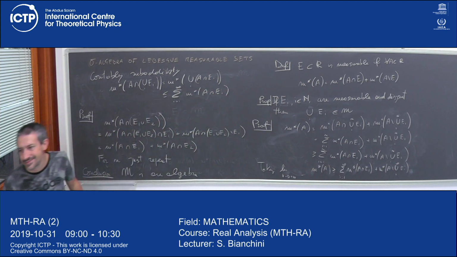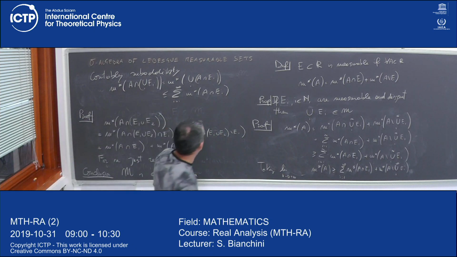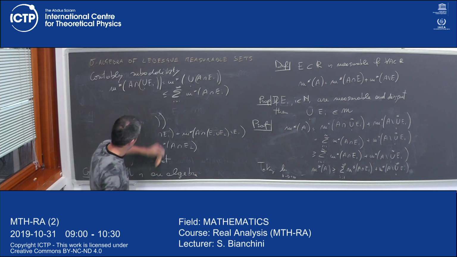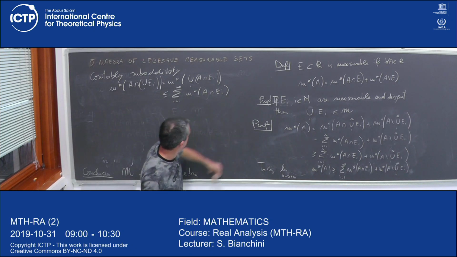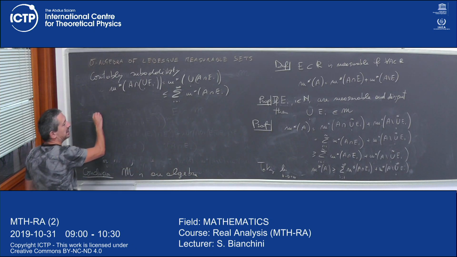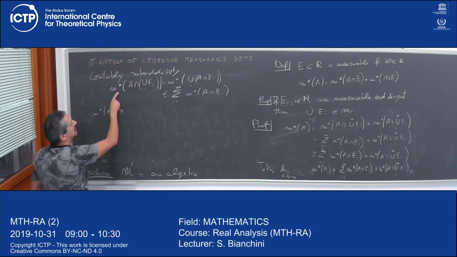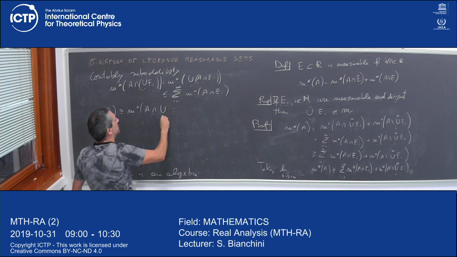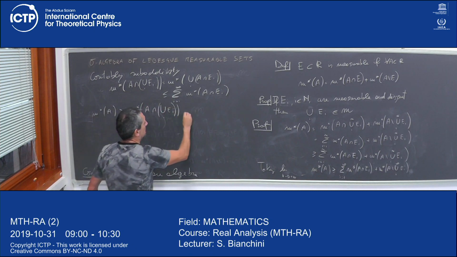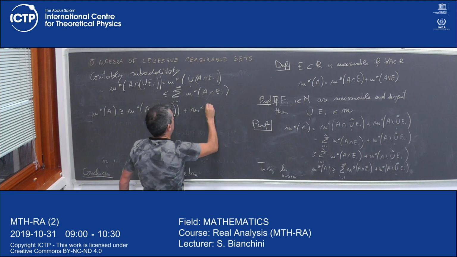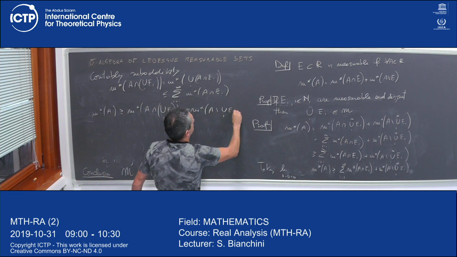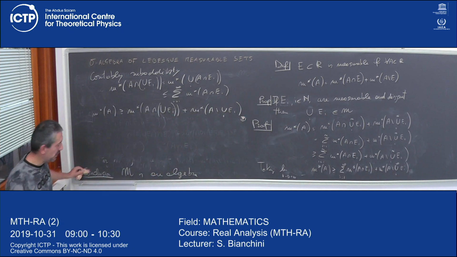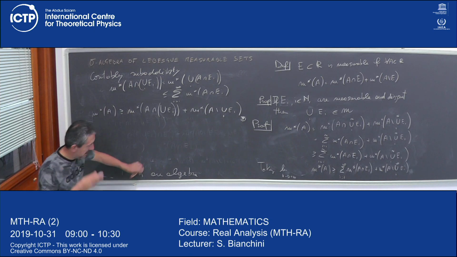And so you get, finally, m star of A, the sum, so I replace it with this: m star of A intersection the union, plus m star of A minus the union. Yeah, you were right. I was thinking about the next proposition. For some reason, I had this proof coming up in my mind.